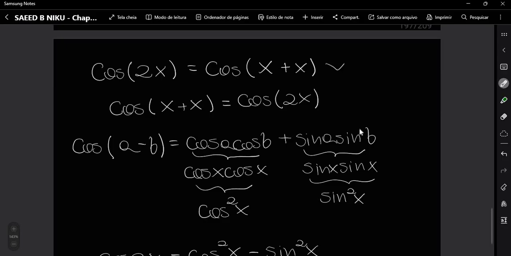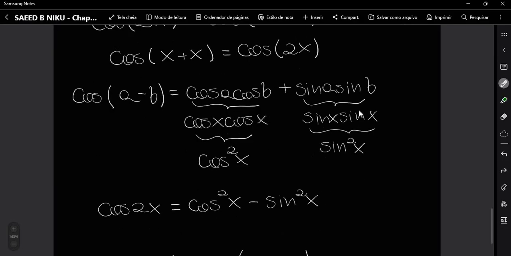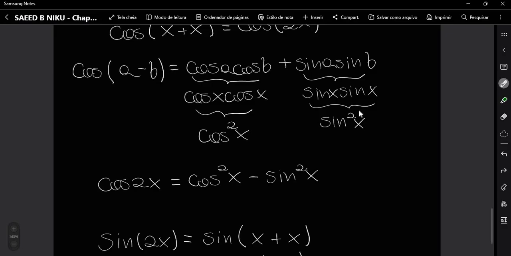And right here I just give a brief explanation so you can see better how this is done. Again, if we are summing two angles, cosine of 2x is the same as cosine of x plus x, and here we just switch the sides of these elements in the equation.